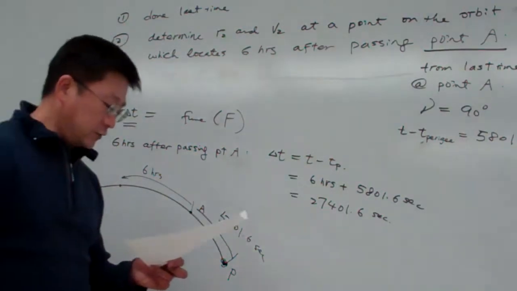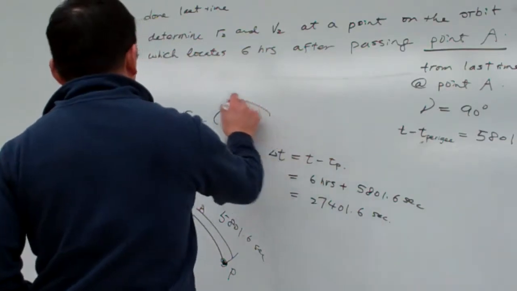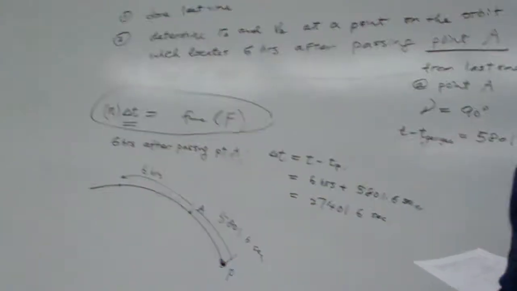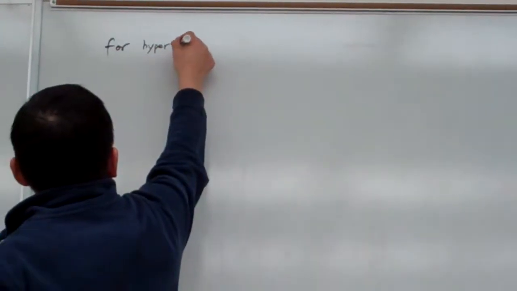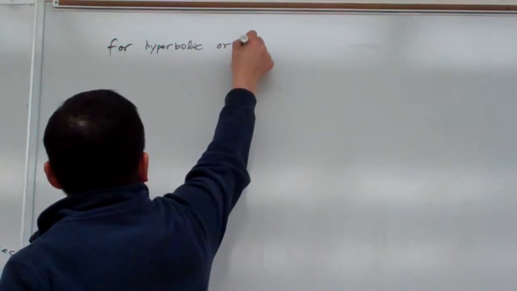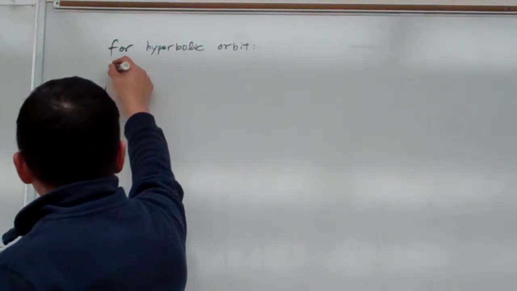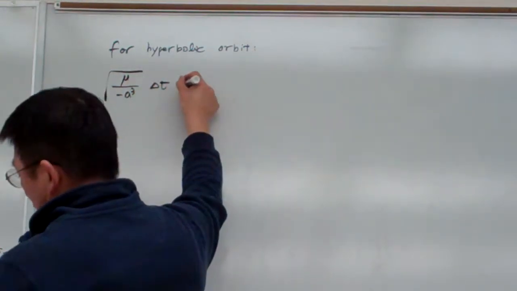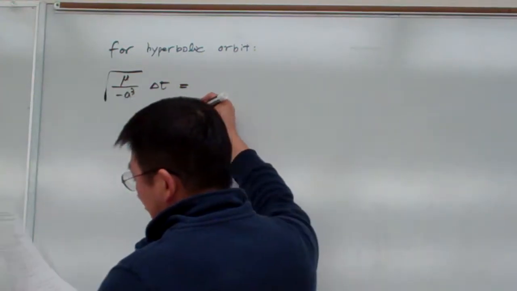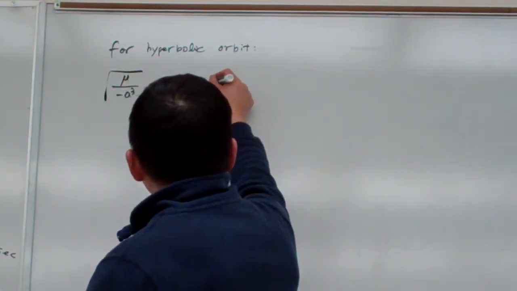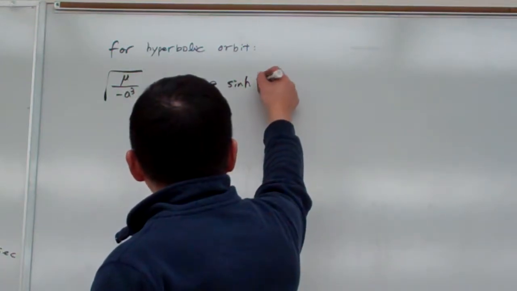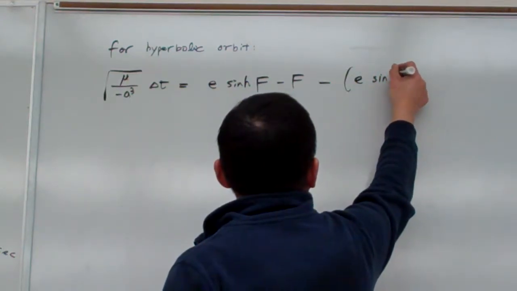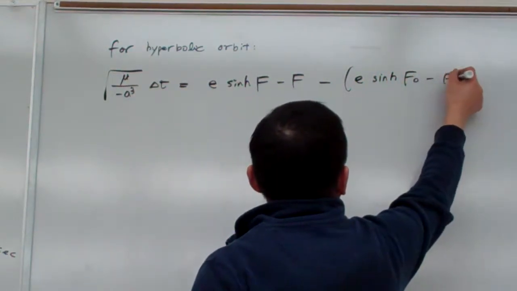Then we put it into the calculations. So for this equation, we can implement it for hyperbolic. So n equal to the square root of mu divided by minus a cubed, times delta t, and that equals e sinh f minus f minus e sinh f0 minus f0.